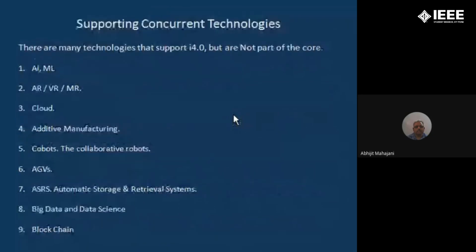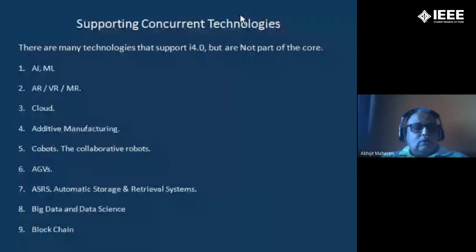Now there are some supporting concurrent technologies which play an important role in Industry 4.0, but they are not part of the core Industry 4.0, I would say. Things like AI and ML. This is soon going to become part of Industry 4.0 analytics, because right now the level of analytics that goes on in edge node devices or anywhere is regression and those kinds of things.